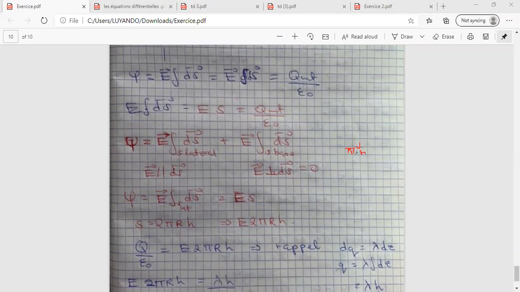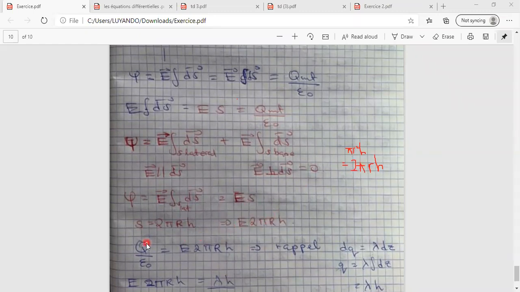I think we did this in normal math. But if you want to find the surface area, you differentiate this, and you're going to have 2 pi r h, which is our surface area of the cylinder. So where there's my S, I put my 2 pi r h, which is what I have here.